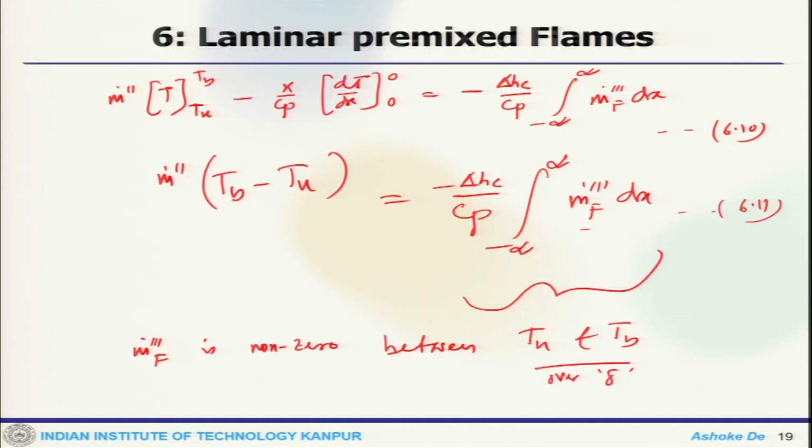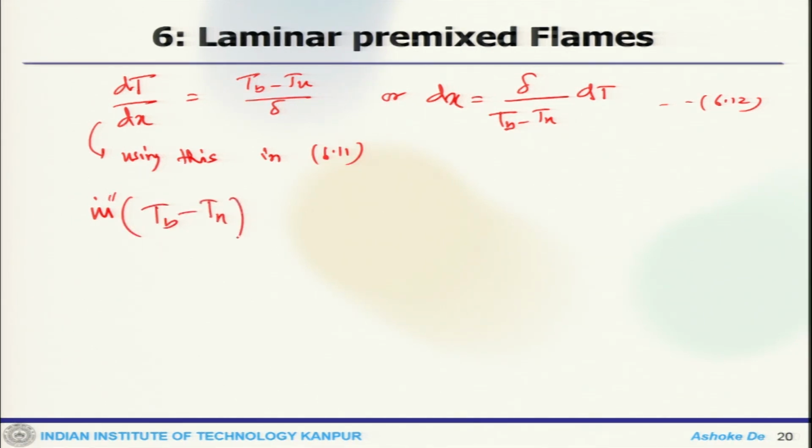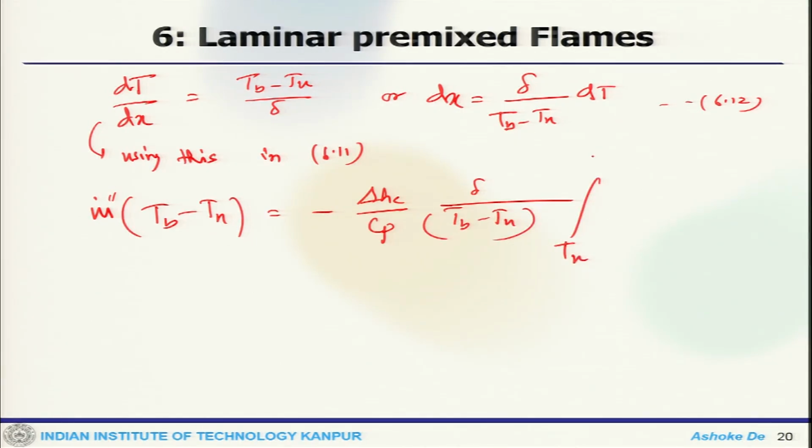Now, if we use this in 6.11, then what do we get? Using this in 6.11, we get Tb minus Tu equals minus delta is C, delta by (Tb minus Tu), integrated from Tu to Tb dT. So, we switch the limit of the integration from the spatial coordinate to the temperature coordinate.